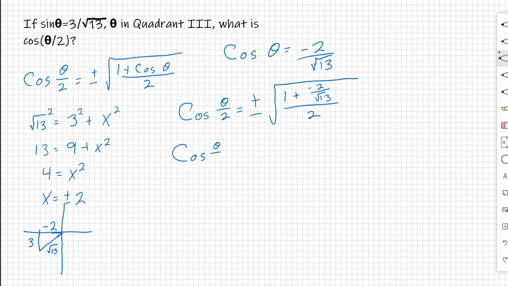So cosine of theta over 2 is going to be plus or minus the square root of 1, which would be the same as the square root of 13 over the square root of 13.